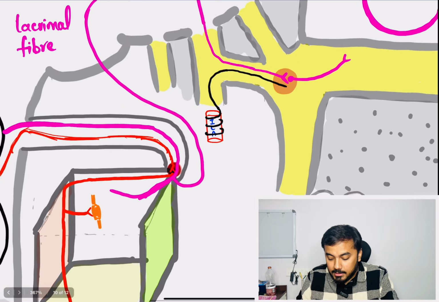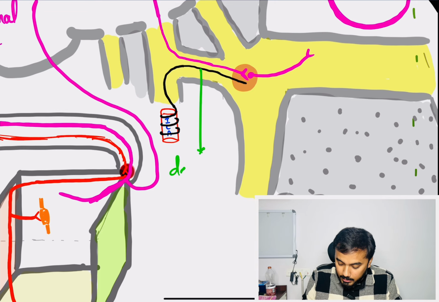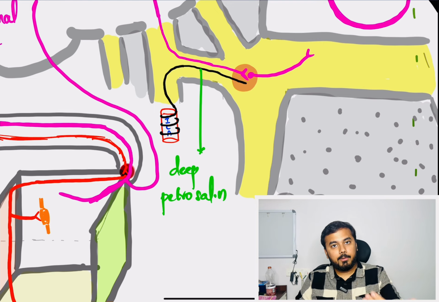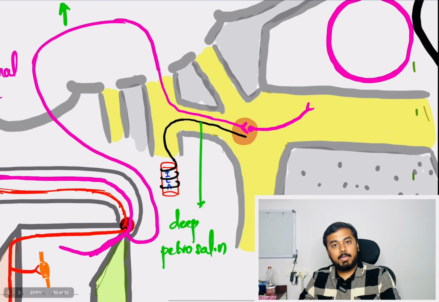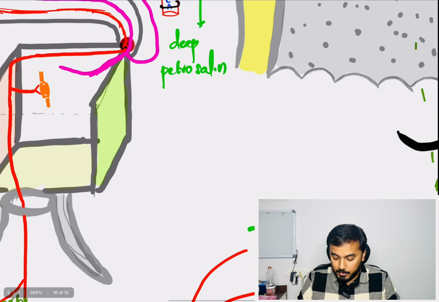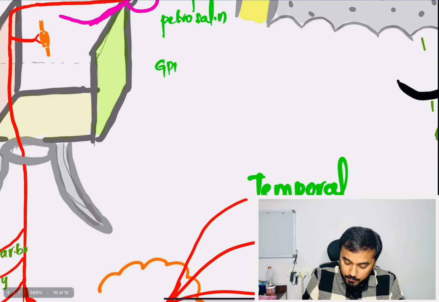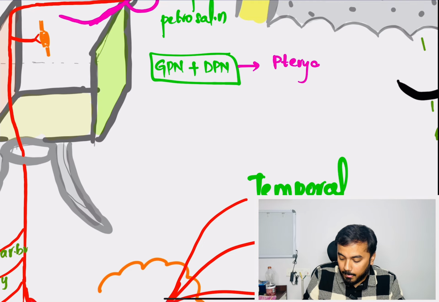Okay, and this sympathetic fiber which is in the pterygoid canal, this one is called as deep petrosal nerve. एक हो गया greater petrosal nerve, and now this one is your deep petrosal nerve. अभी ये greater and deep petrosal nerve, both of them are in which canal? बताओ, both of them are in which canal, guys? Both of them are in your pterygoid canal.